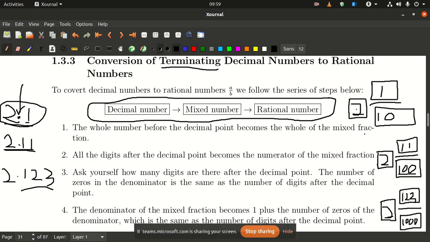And then the denominator, you place a 1, and then you count how many numbers are after the decimal point, and that is going to be the number of zeros you place. As I said here, you have one number, so you will have one 0. As you look at this one, the whole part is 2, so the whole number part is still going to be 2. You take the number after the decimal point as it is.